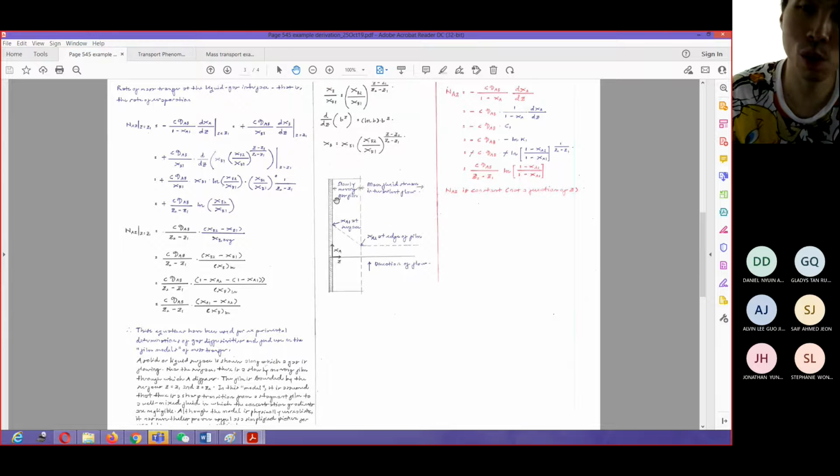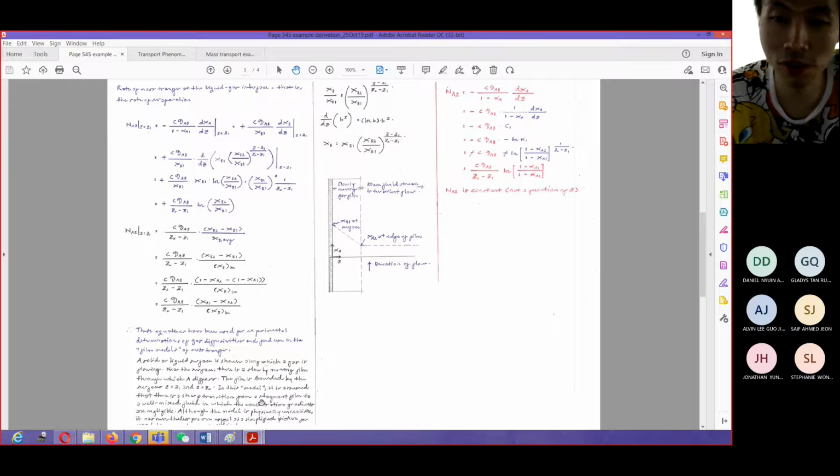So within the slowly moving gas film, you have a concentration profile that varies from this particular interface to this particular film. Okay, whereas in this turbulent region in here, there are no variations in terms of the mole fraction. That is what is implied by this sharp transition from a stagnant film to a well-mixed fluid.